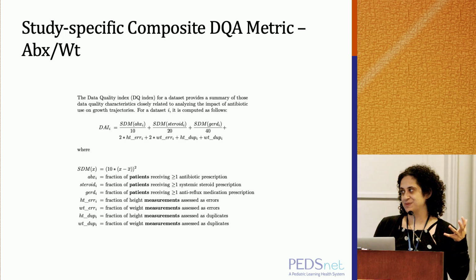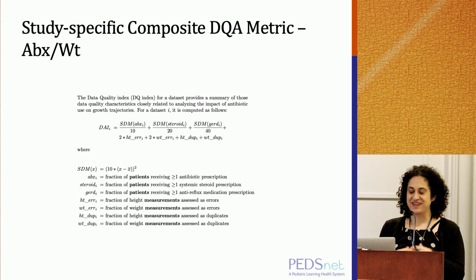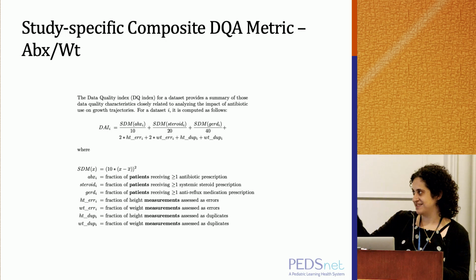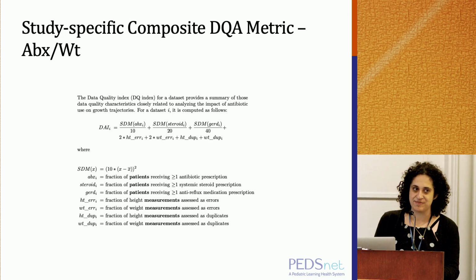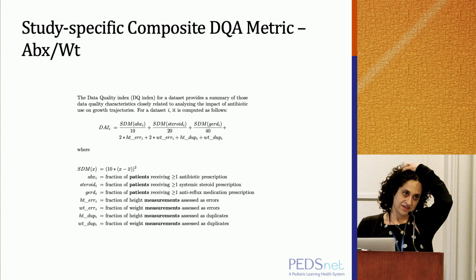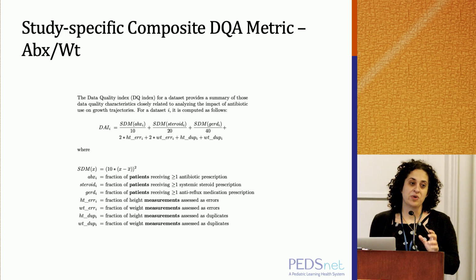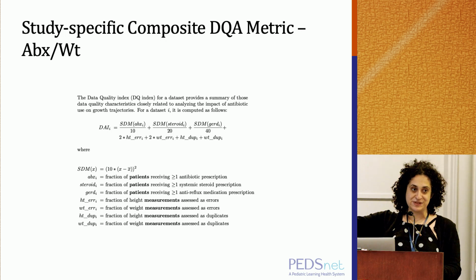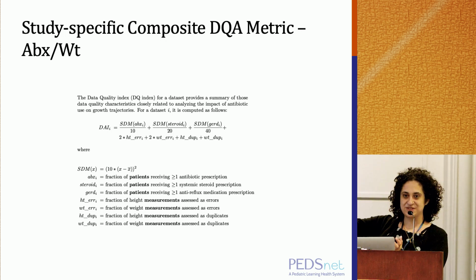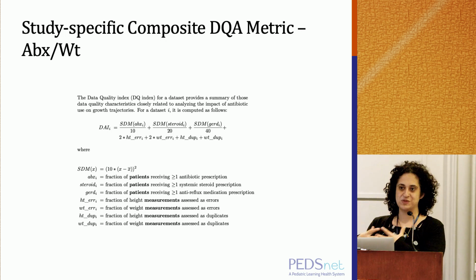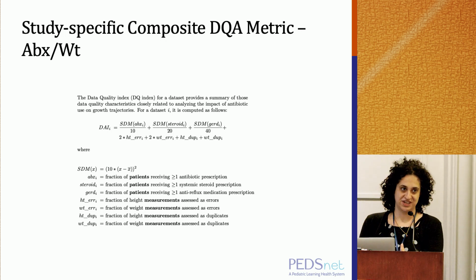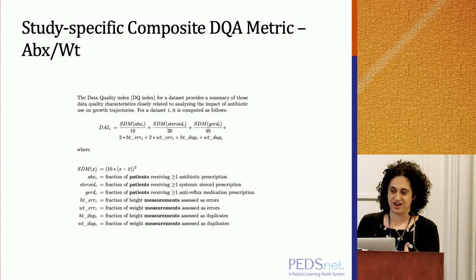We came up with a composite, again to be published soon, hopefully. So that's the index we came up with. So this was framed specifically for this study? Exactly. What we're hoping to do is take these principles and create some sort of systematic approach for how to do this for studies, which we have not yet.